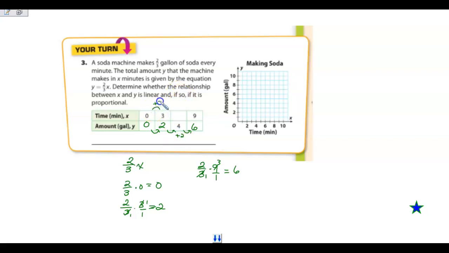Plus 3. What could I add 3 to get 9? That would be 6. Okay. So now I have my ordered pairs 0, 0, 3, 2, 6, 4, and 9, 6.